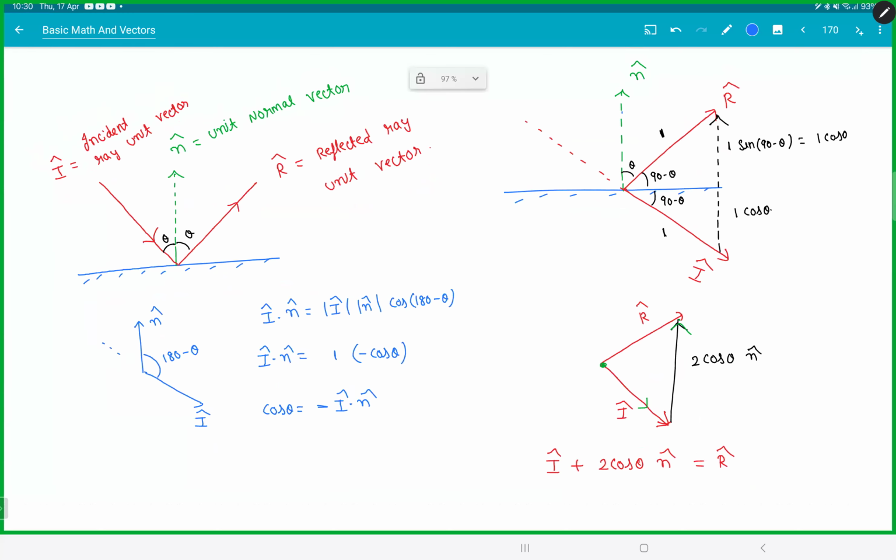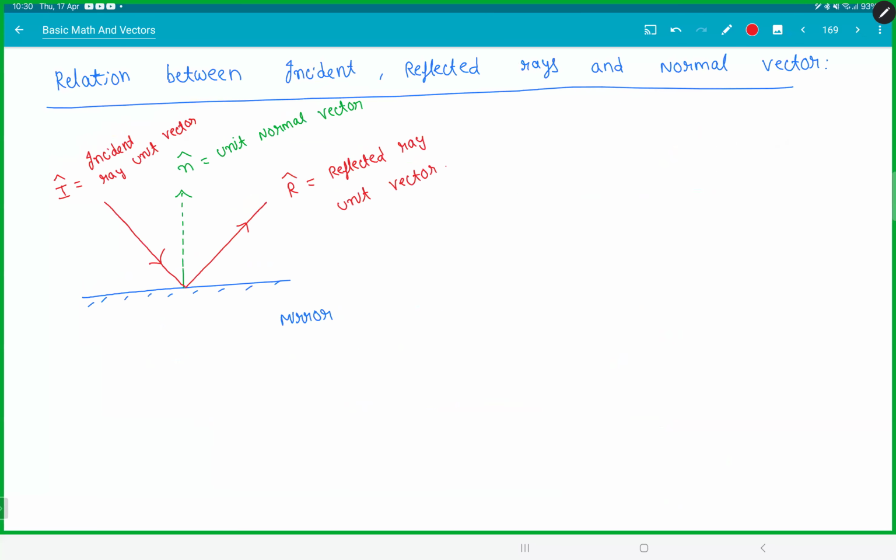So take this cos theta and dump it in this. This result will become r cap is I cap plus 2 cos theta, which will be minus 2 times I cap dot n cap into n cap. So there, this would be the answer for this question.